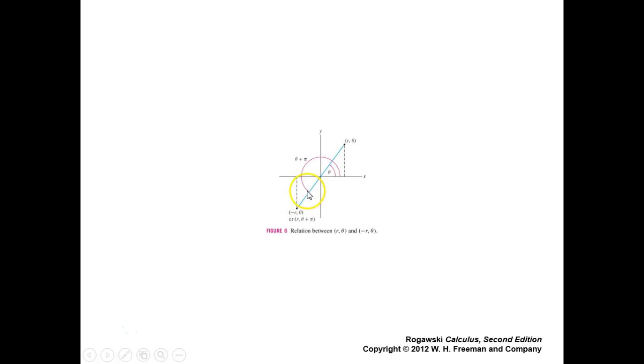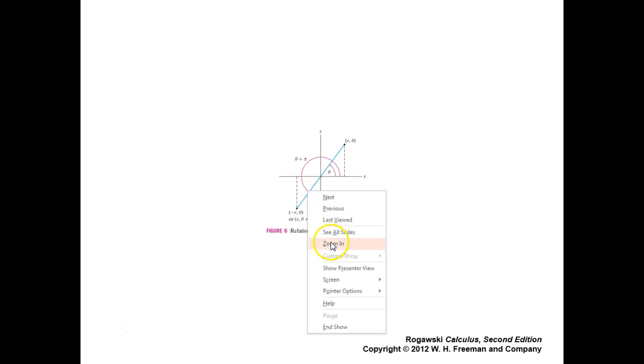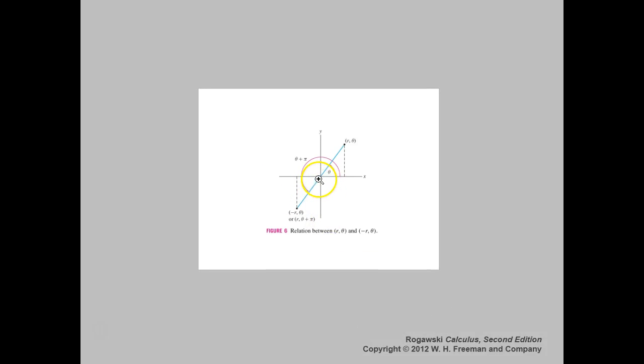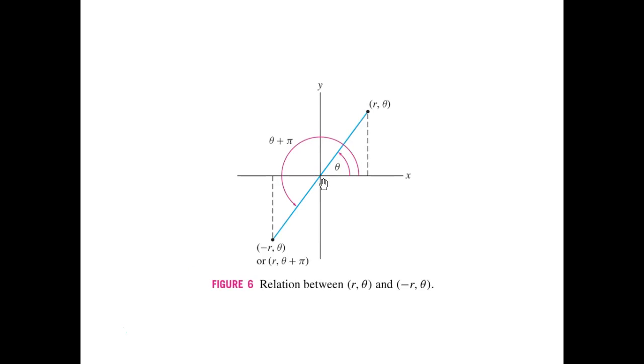All right, and then I think this is the other thing I was talking about. Again, I didn't recall that they were going to show this slide, but here it is. If this is r, theta, if we had a minus r, theta, then we would do this theta, but then go in the opposite direction for r.